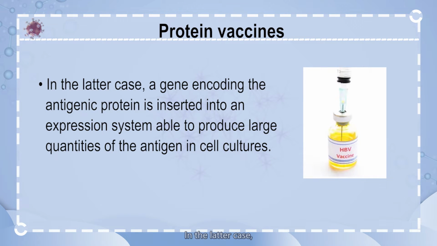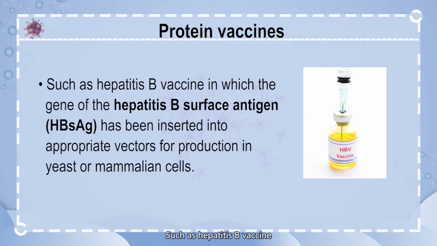In the latter case, a gene encoding the antigenic protein is inserted into an expression system able to produce large quantities of the antigen in cell cultures, such as the hepatitis B vaccine, in which the gene of the hepatitis B surface antigen has been inserted into appropriate vectors for production in yeast or mammalian cells.